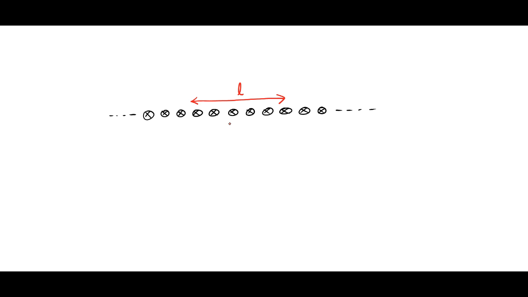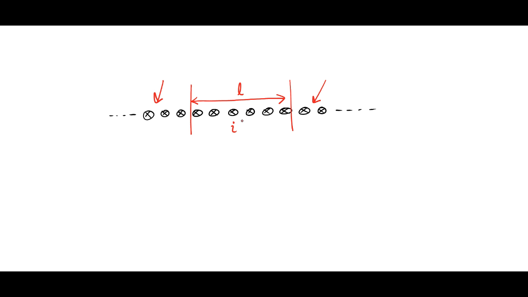Find out what is the current, let's say I, which flows only in this region, not counting the current which is flowing in these regions, for example. Now that's a finite current because L is finite, and then he can calculate what is the current density.